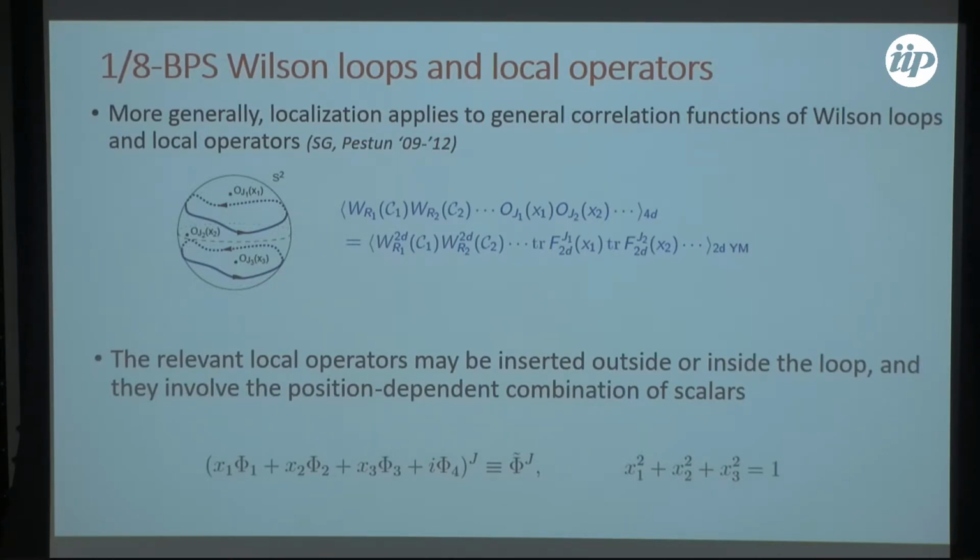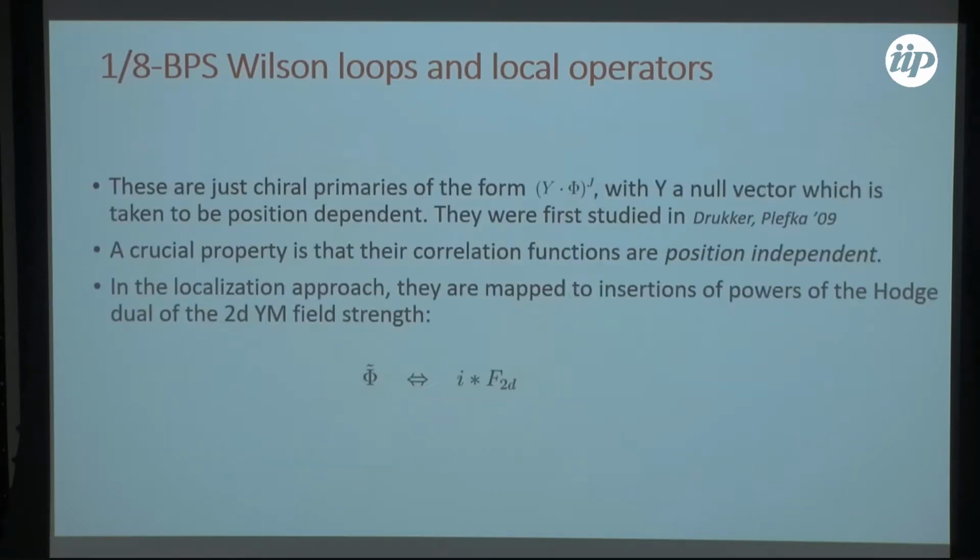Yes? Here, the correlation functions of local operators by themselves are coupling independent. It becomes more interesting when you also have Wilson loops and you insert these operators inside Wilson loops. So they are position independent.